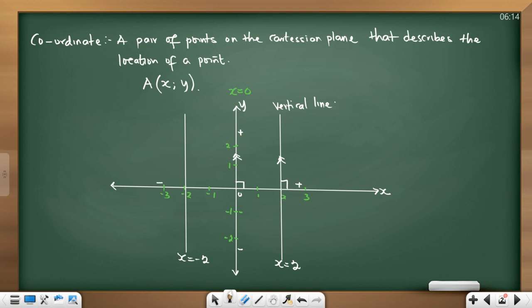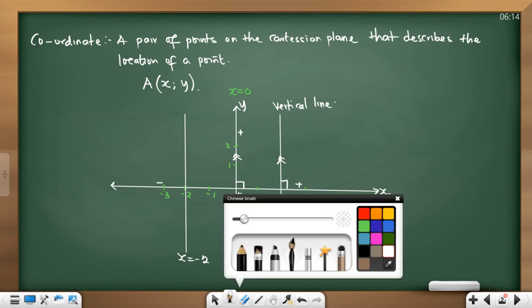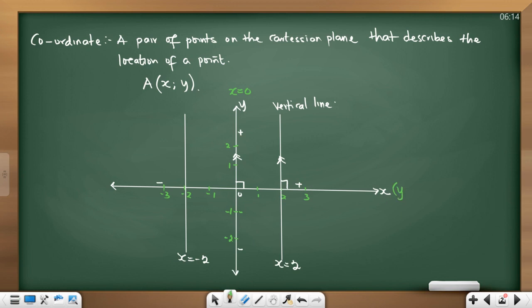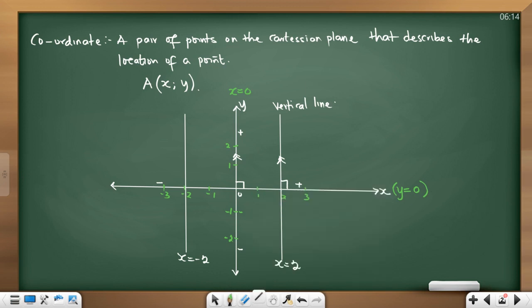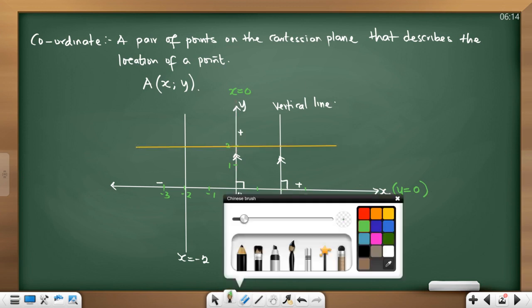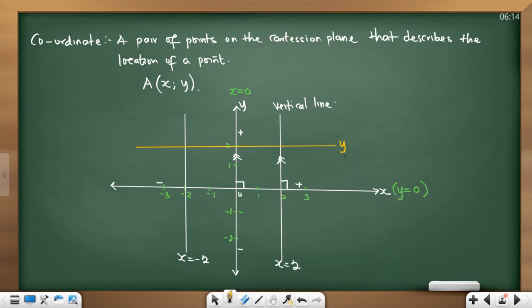If I then go to the horizontal part, I'll start from my x-axis. At the x-axis, y is equal to 0. That's the equation of that line. And for me to draw a line parallel to the x-axis, the equation of that line is y equals 2.